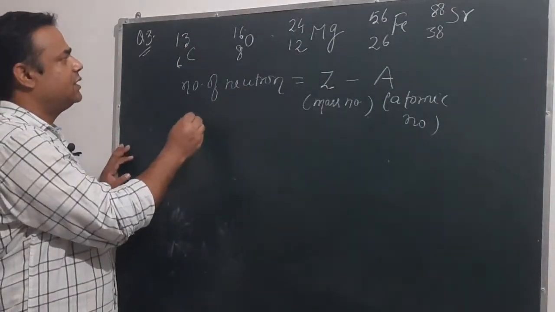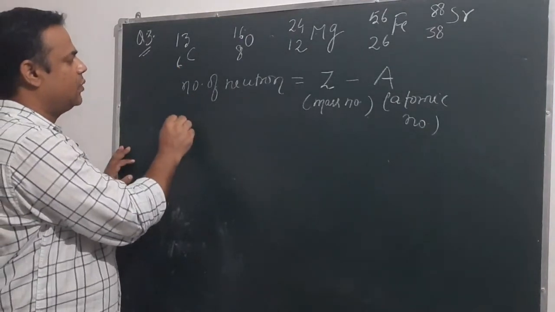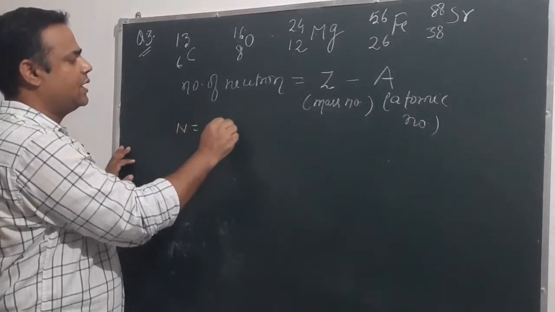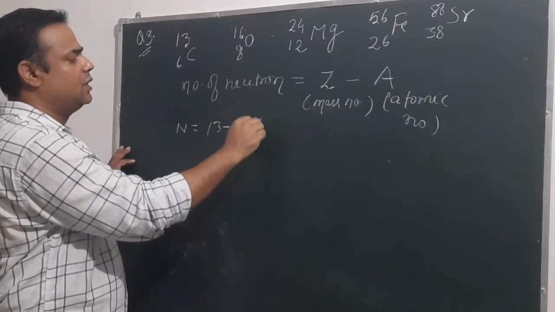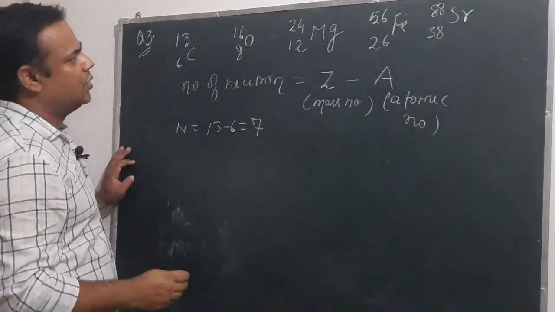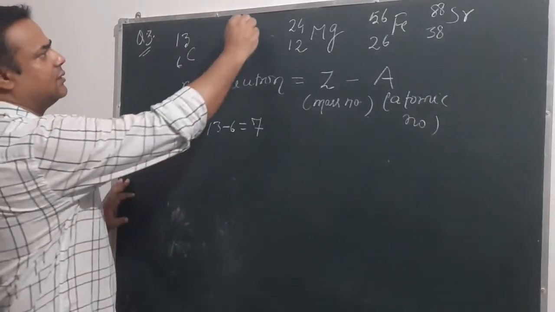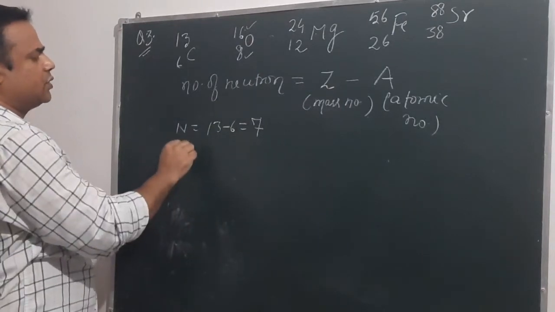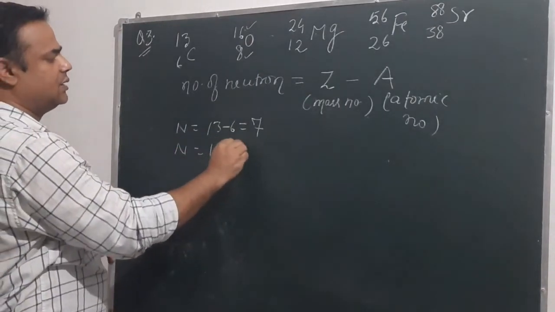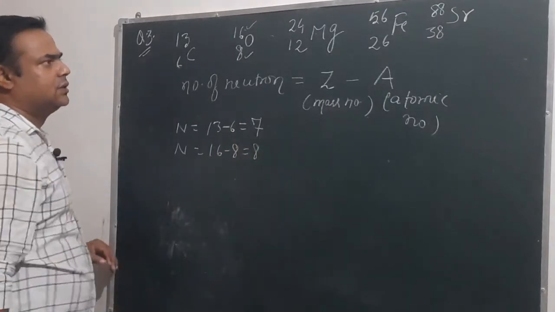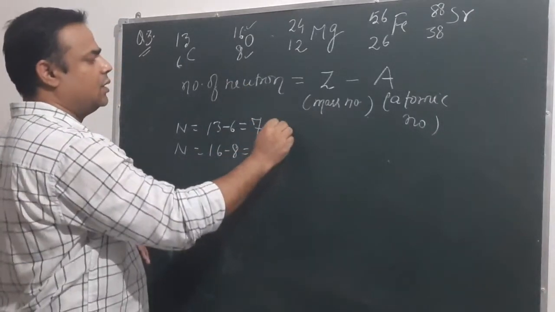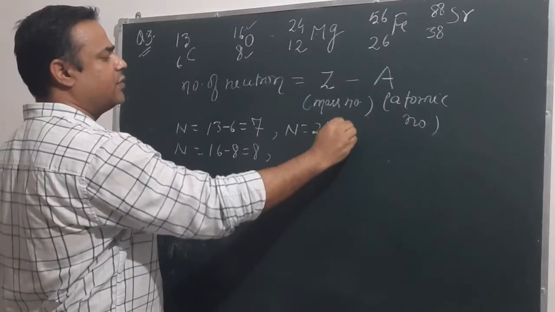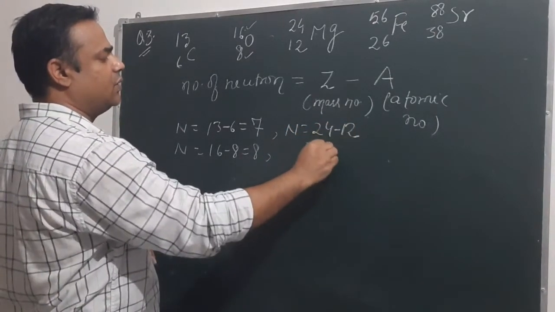Starting with 13C, number of neutrons N will be 13 minus 6, that will be equal to 7. In this one, mass number is 16 and this one is atomic number 8. So number of neutrons will be 16 minus 8 equals 8. In magnesium, number of neutrons will be mass number 24 minus atomic number 12. This will be equal to 12.